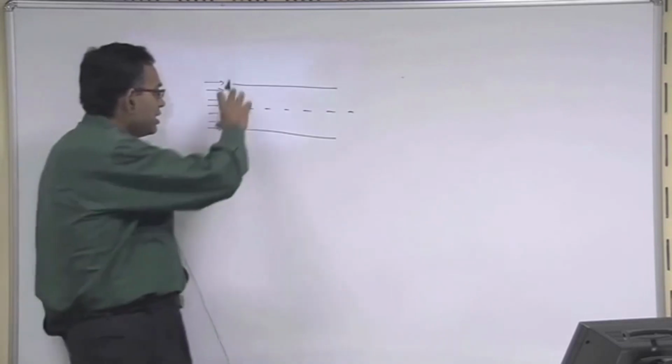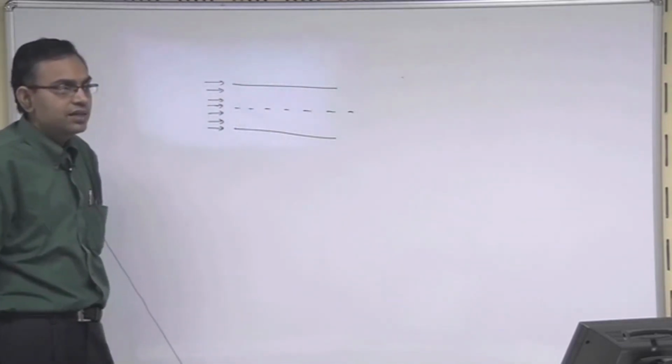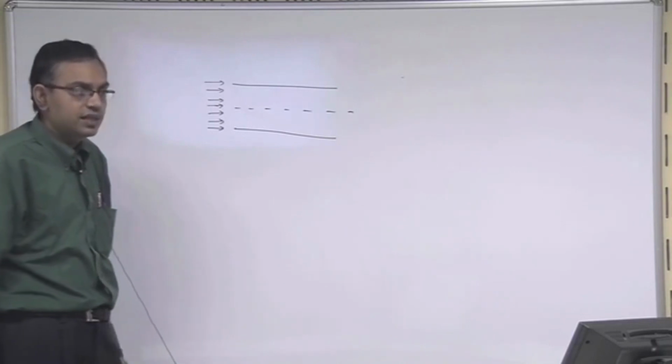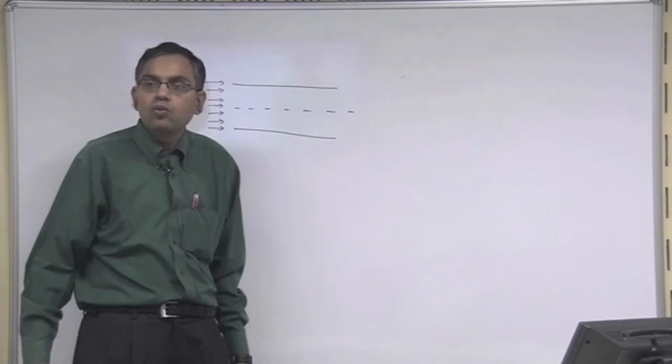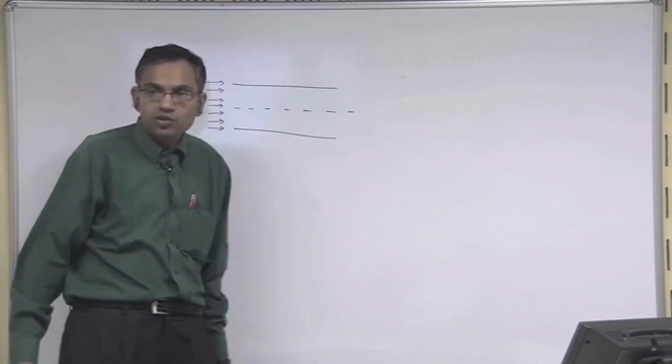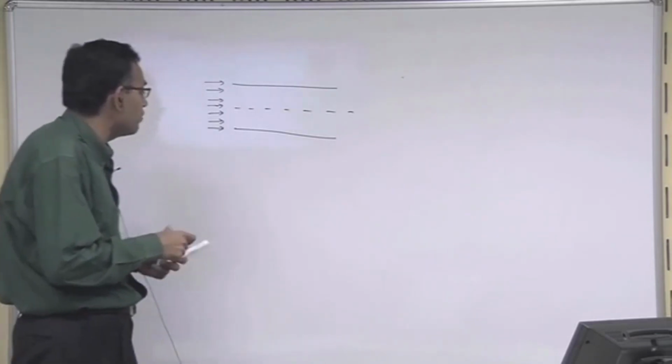Now when it enters the channel, the fluid is subjected to a resistance. The resistance is offered by the walls of the channel. So when the walls provide some resistance, what happens to the flow?